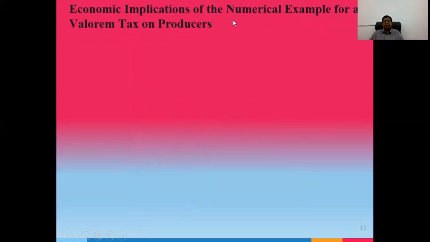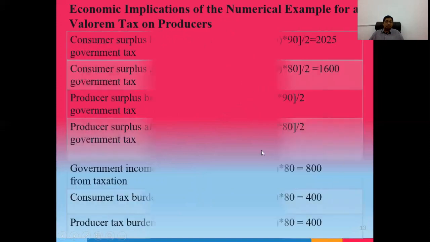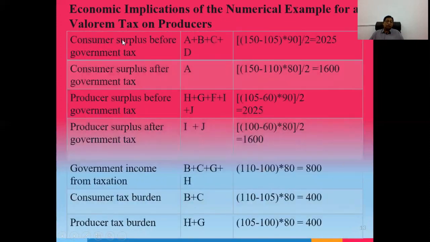Then economic implications of numerical examples of ad valorem tax on producers. This is what I have so far explained with the help of the previous diagram. Consumer surplus before government tax, A, B, C, D. Consumer surplus after government tax, A. I have measured numerical values of these changes.